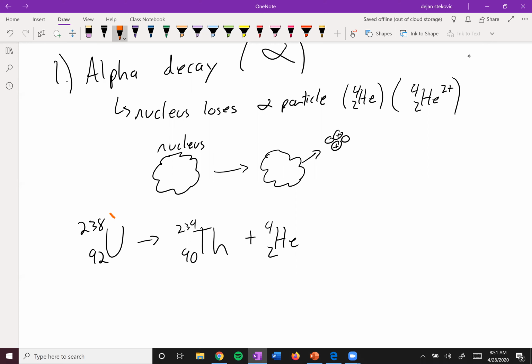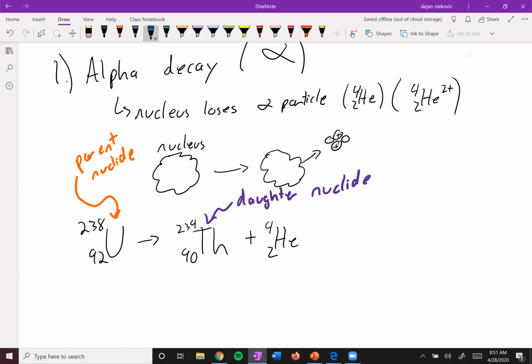And so this guy, the original one, is what's known as the parent nuclide. And then the resultant smaller nucleus is what's known as the daughter nuclide. I don't know why it's daughter instead of son. I don't know, whatever. And then this is an alpha particle.